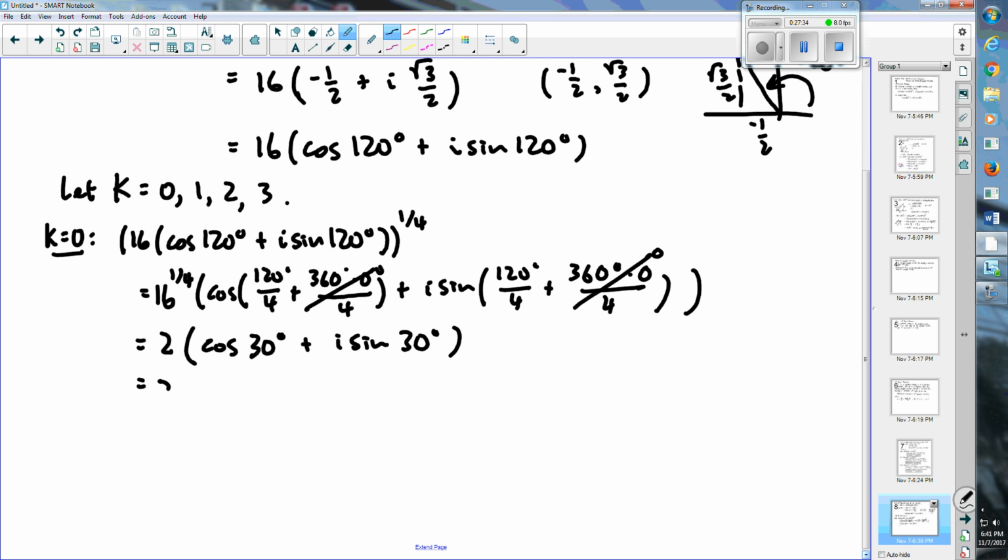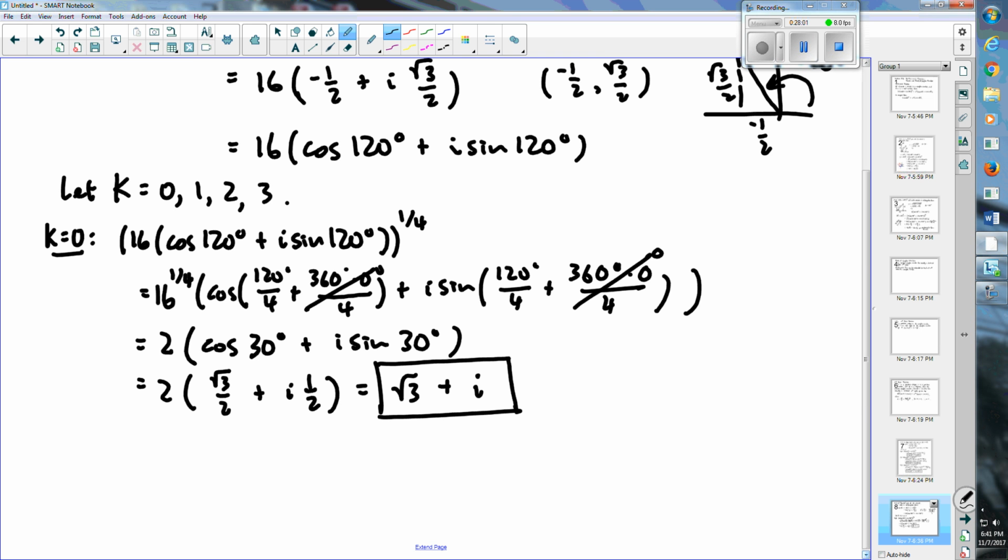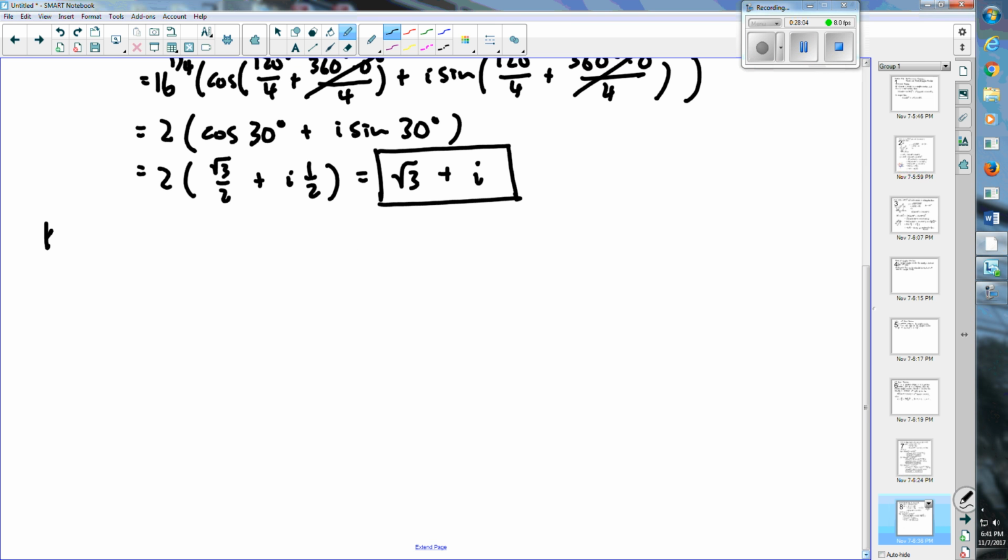This is equal to 2 times the cosine of 30, which is root 3 over 2, plus i times the sine of 30, which is 1/2. We can write this as root 3 plus i. So there's one of our roots. That was k equals 0.